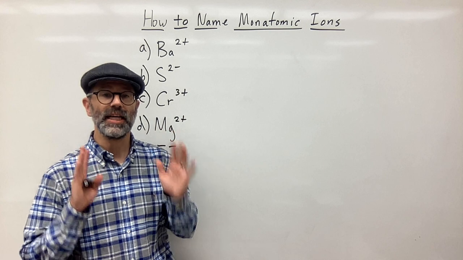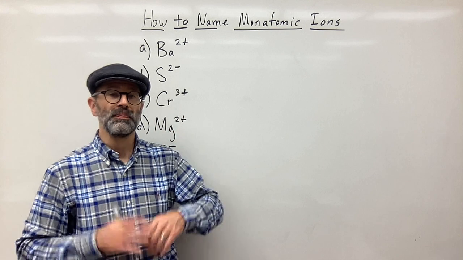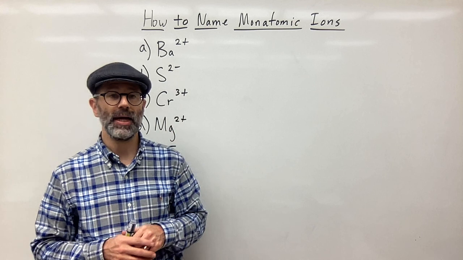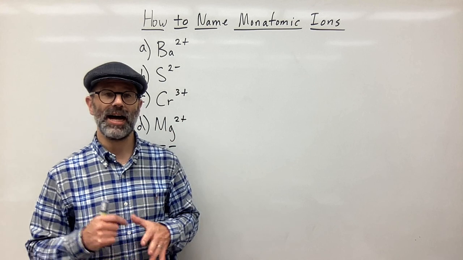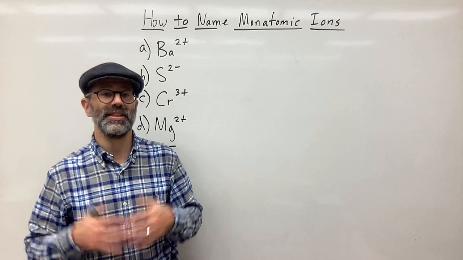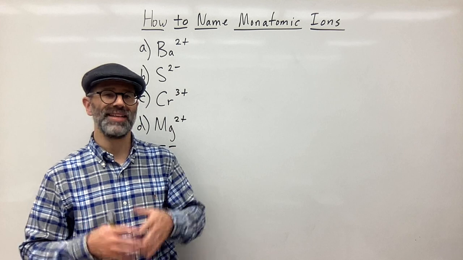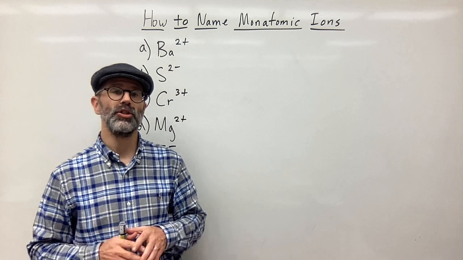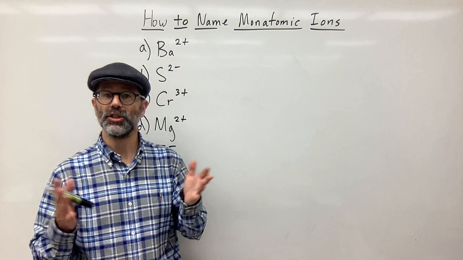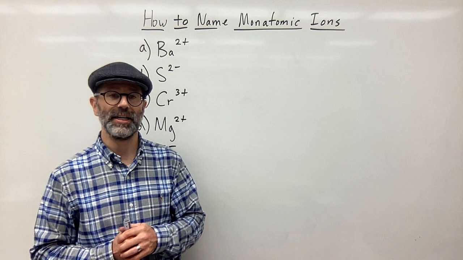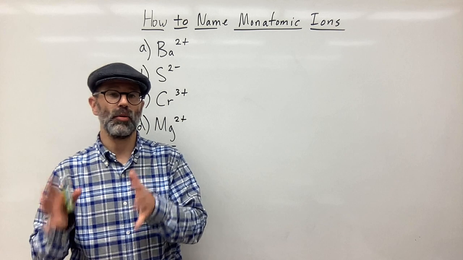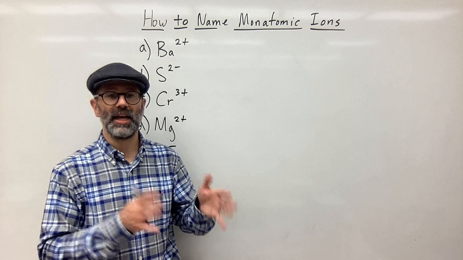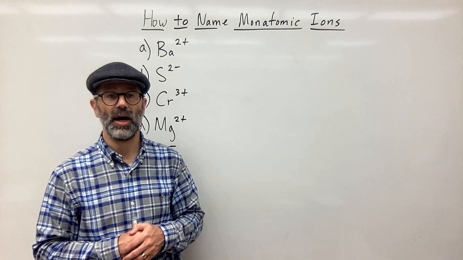You're just keeping the name the way it is. Now, if your metal ion tends to have multiple charges, if it doesn't have just one charge but several different charges, then you need to use a Roman numeral to indicate what charge is on that ion. And that Roman numeral becomes part of the name of that metal ion.